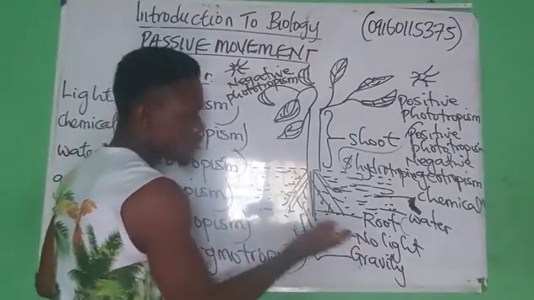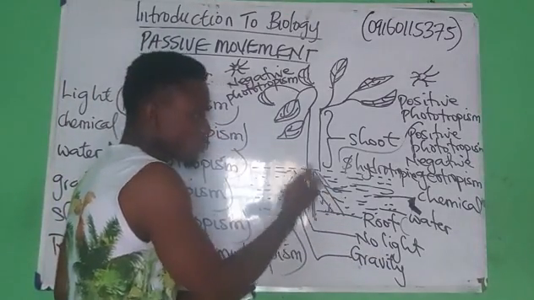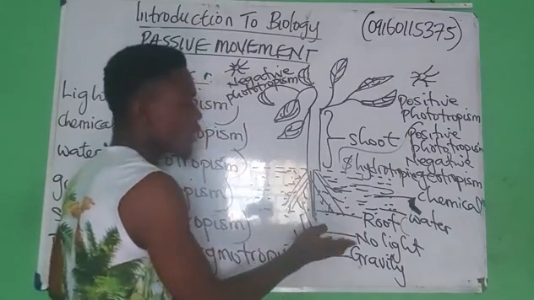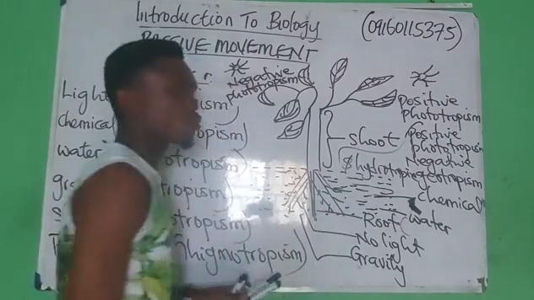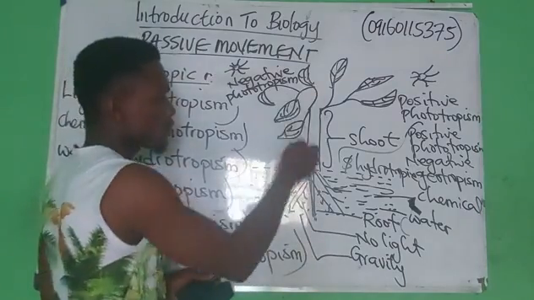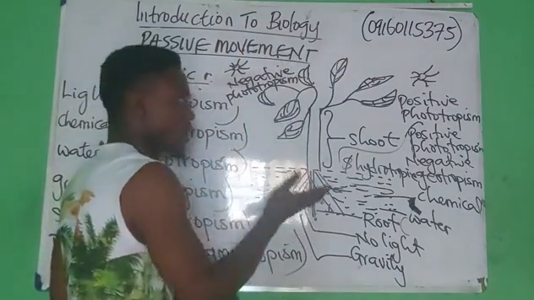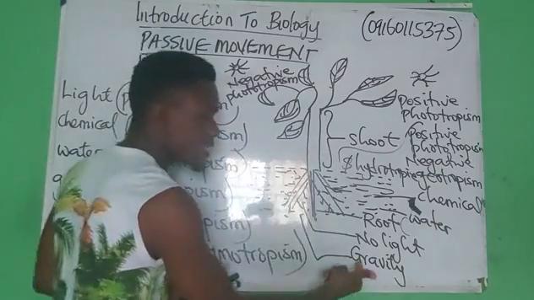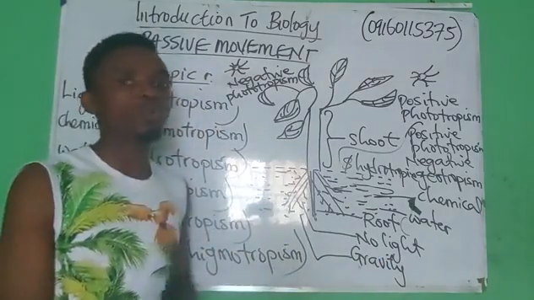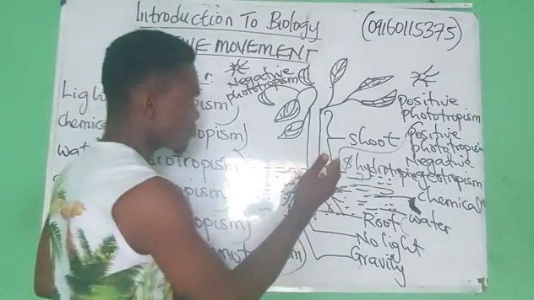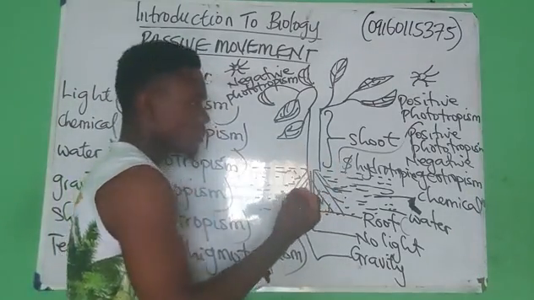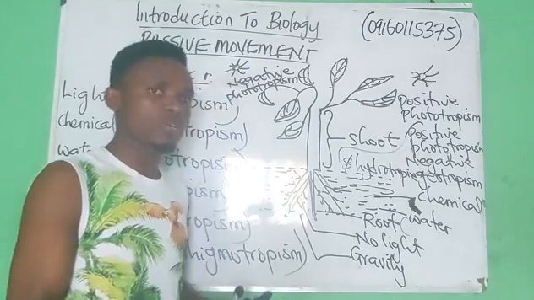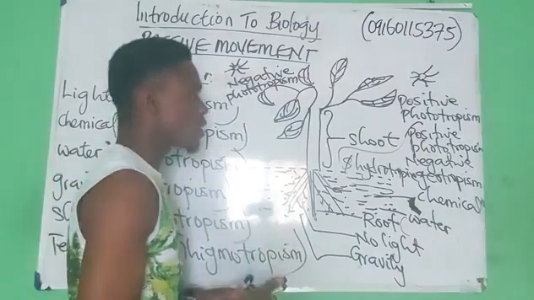But since we don't have sunlight here, the root is negative phototropic because light is upwards, and it is growing away from light. Look, light is around this region, and it's growing away. Then you say this word negative phototropic, all right? In this region, a moderate amount of chemical is also needed for the effective growth of plants.